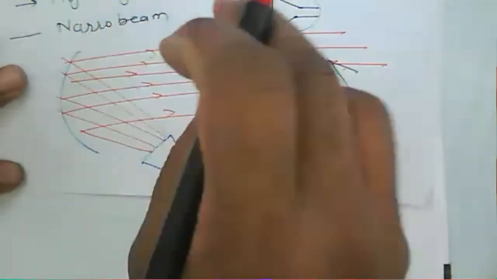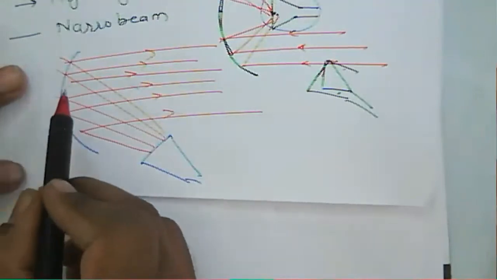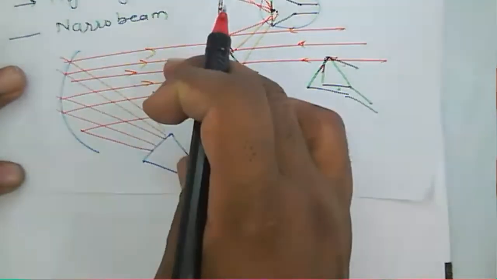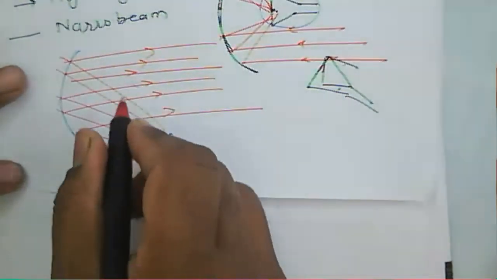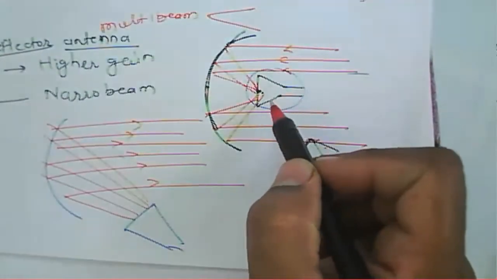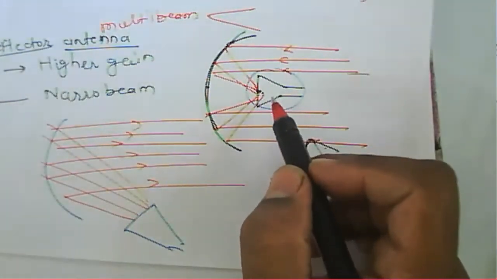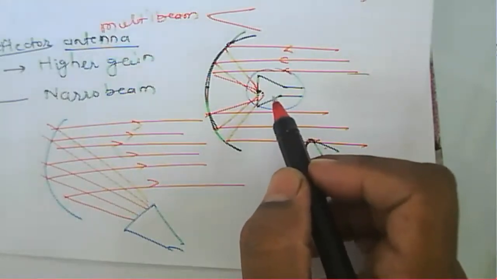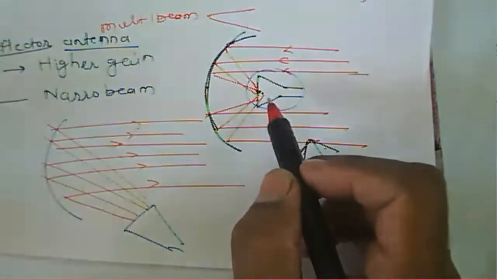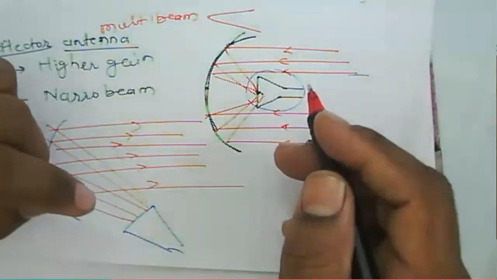So it will not block the reflected wave from the parabolic reflector. That's why the overall efficiency of the antenna is improved with an offset feed. But in the case of a center feed antenna, the antenna acts as a blockage, so they are reducing the efficiency of the horn antenna.